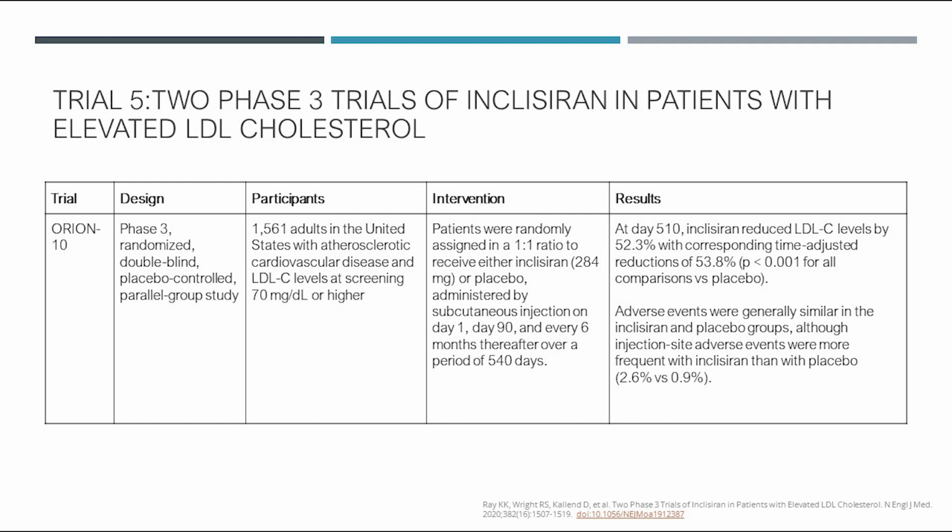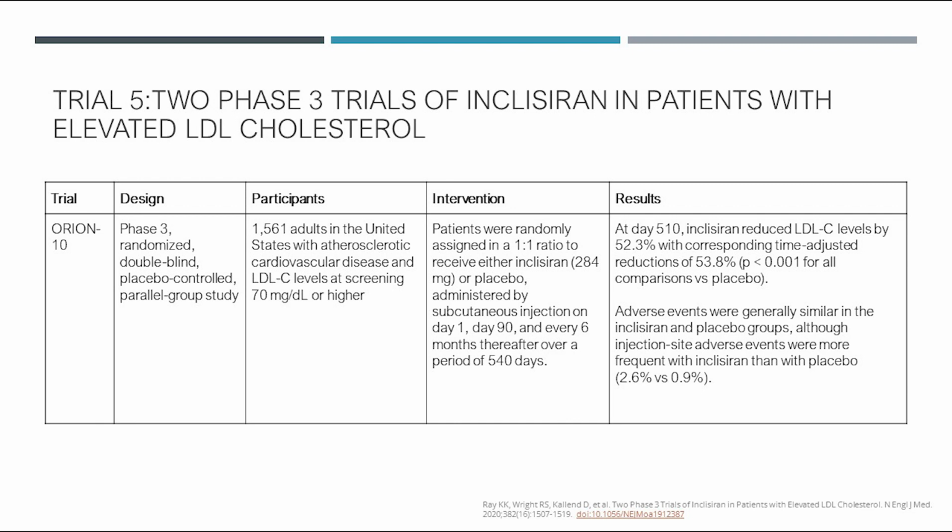Patients in this Phase 3 trial were randomly assigned in a 1-to-1 ratio to receive either Inclisiran at the currently approved 284 milligram dose or placebo. These were administered by subcutaneous injection on day 1, day 90, and every 6 months thereafter over a period of 540 days.